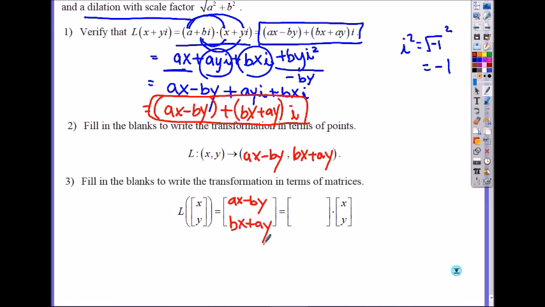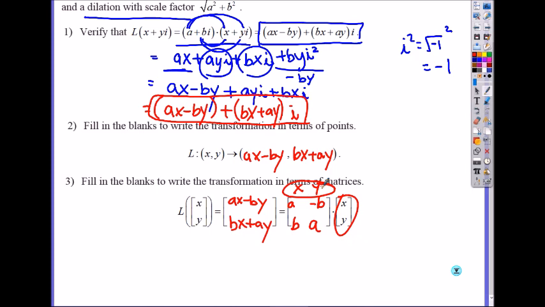And if you want to write it as a product of matrices, you can do what? This is a, but here's x. It will multiply. So it's a and negative b, and here b and a. You see, when you sandwich x and y, it goes here, x and y, and it becomes ax minus by, bx plus ay.